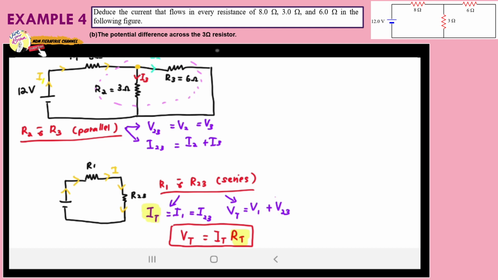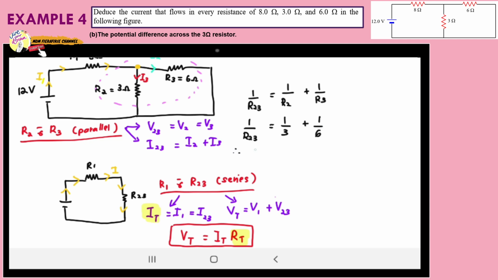So now let's try to calculate R. R2 and R3 are in parallel. So saya akan tulis 1 over R23, since they are in parallel, is 1 over R2 plus 1 over R3. So 1 over R23 is equal to, R2 is 3, R3 is 6.